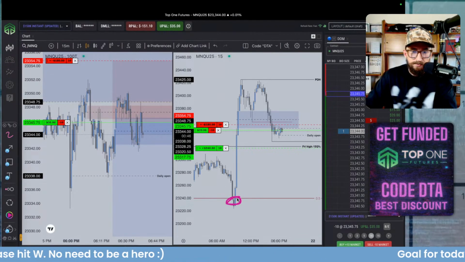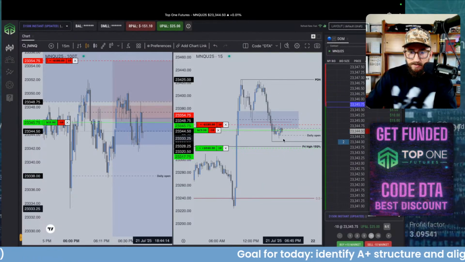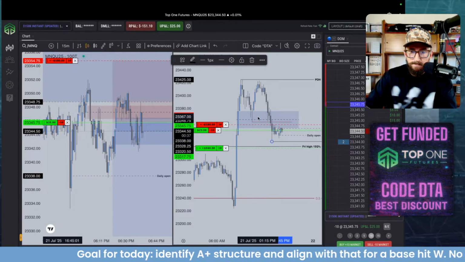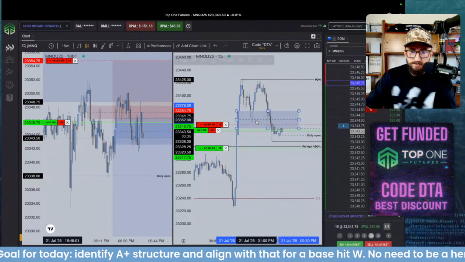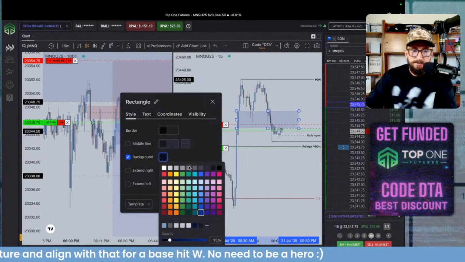This is the prior EQ that you rejected off of right there. Give your daily open right here, session low, shift in structure. Trying to clean this up for you guys as much as I can.